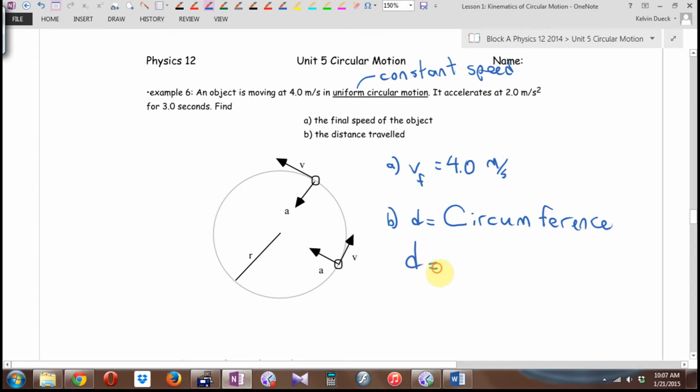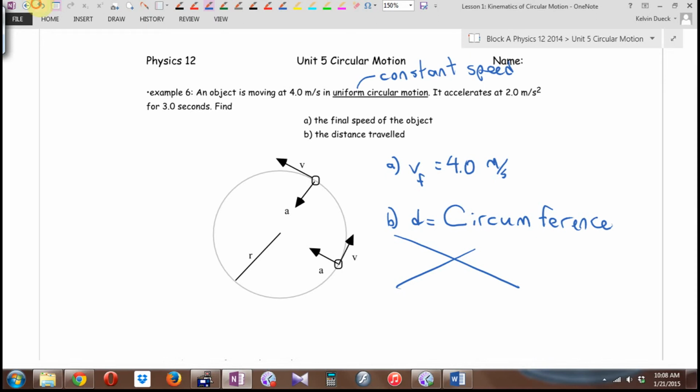So the distance around the circle is going to be 2 pi r. Well, we've got to be careful. Cross that out. Sorry, I shouldn't have crossed it out completely.